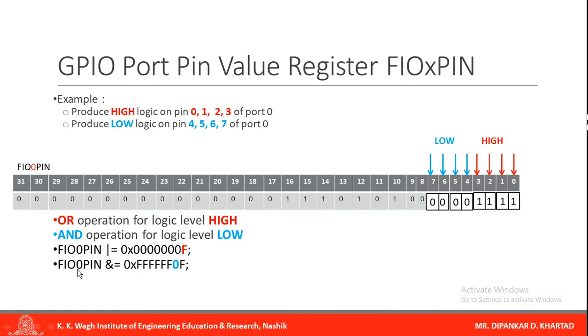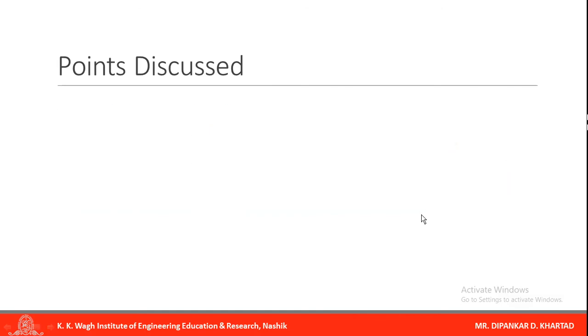So FIO0 pin AND with FFFFFF0F. If you convert this to hex, you will get F here, and if you convert this to hex again, you will get 0 here. So this is how we will use the pin value register.